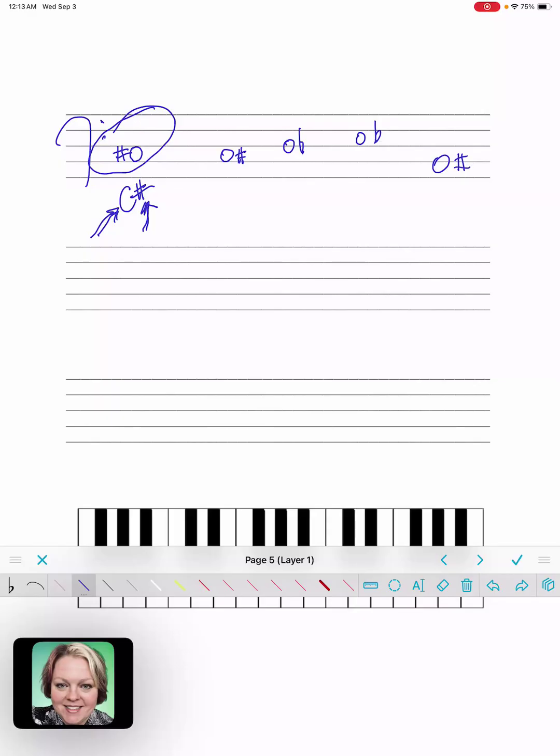Since you're reading from left to right, you're going along, here you come. And the next note you play is this C, but then you get past it and go, oh, whoops, it was actually supposed to be a C sharp, but you're too late. You already played the C because that's the first thing that you saw, right?